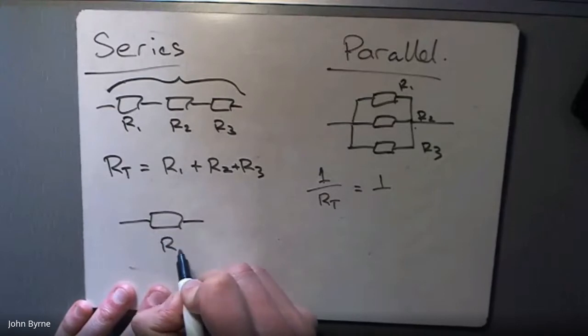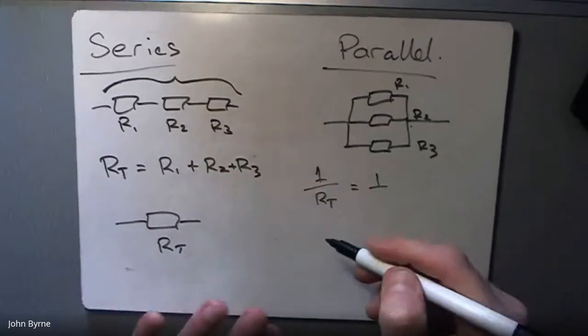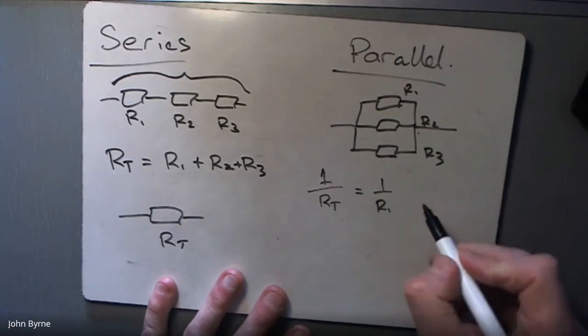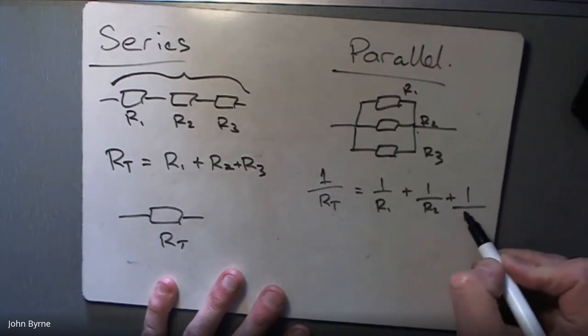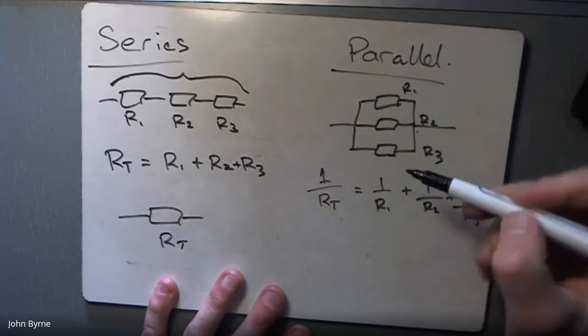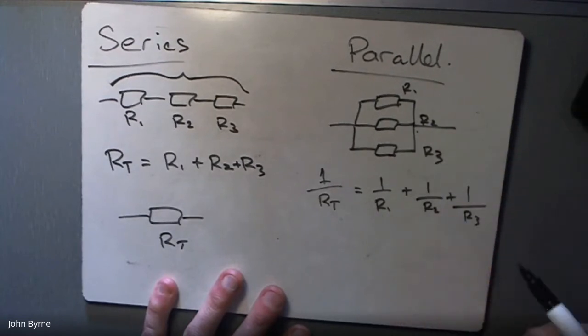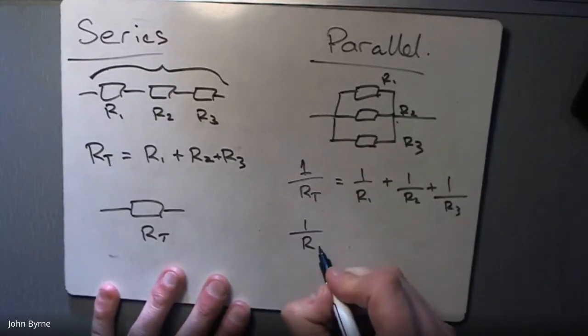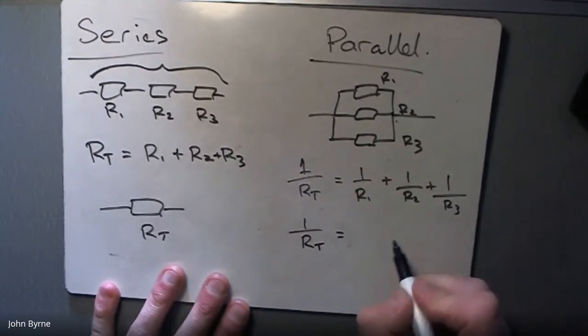That's what we're trying to do. We're trying to work out what's the equivalent resistor to these things. And it's 1 over RT equals 1 over R1 plus 1 over R2 plus 1 over R3. And if there was a 4th resistor, whatever the values of the resistors are, you put them on the bottom. Once you've got that value, you've got it equals whatever that is.